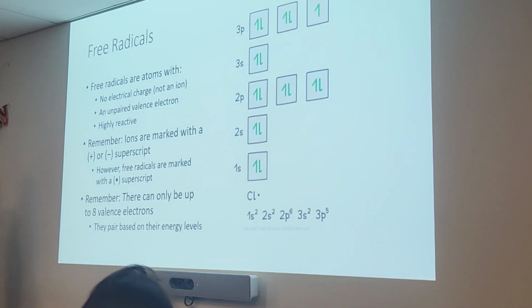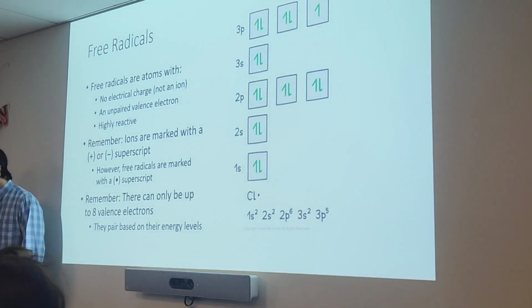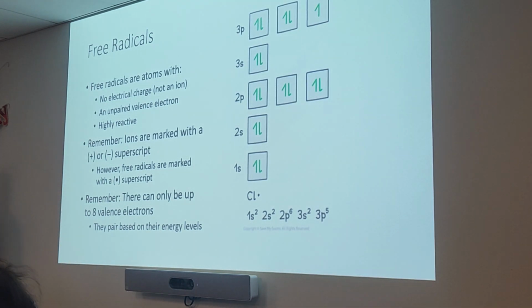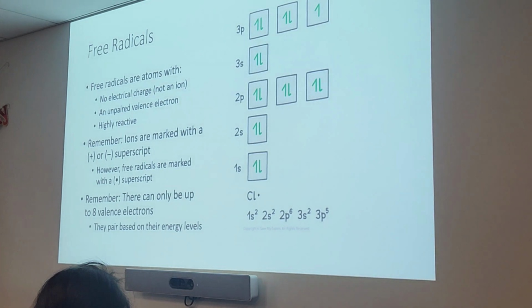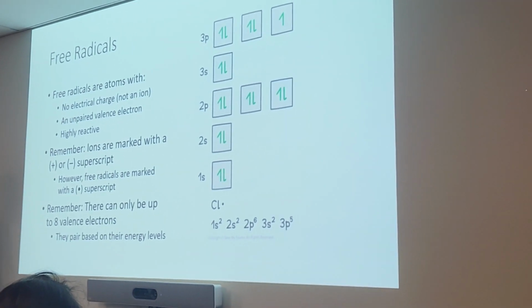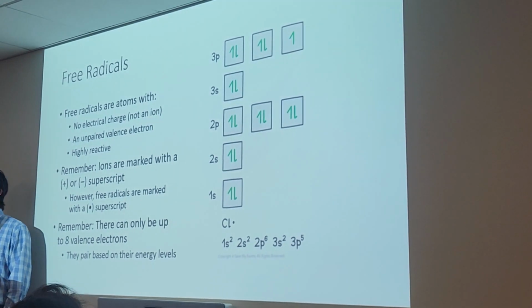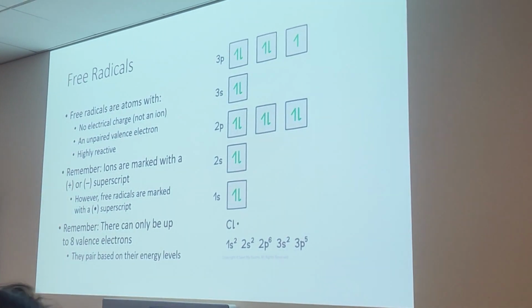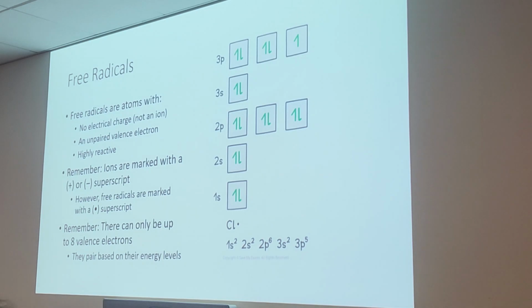When we finished on Tuesday, we were talking about free radicals. Free radicals are highly reactive atoms or molecules. They are highly reactive because they do not have a full outer electron shell, what we call the valence shell.